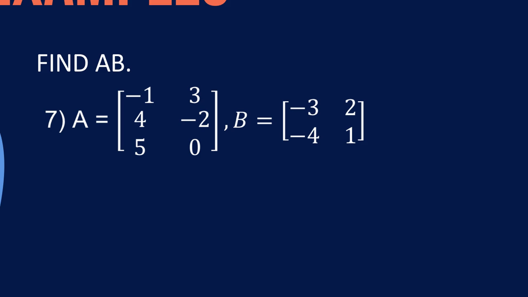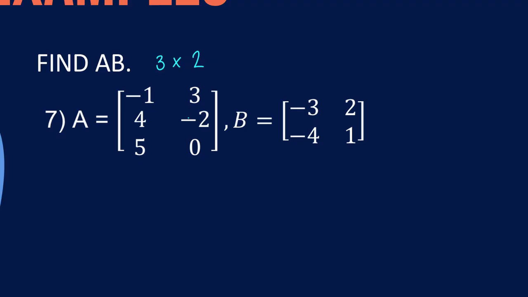How many rows do I have for A? Rows go which direction? Anybody tell me? Right to left. Looking at it, I have 1, 2, 3 rows. So this is going to be a 3 by, how many columns do I have? 2.